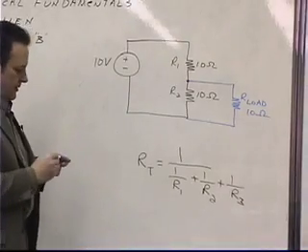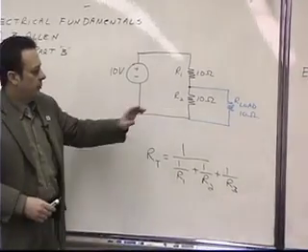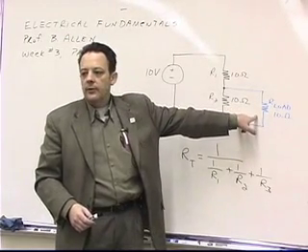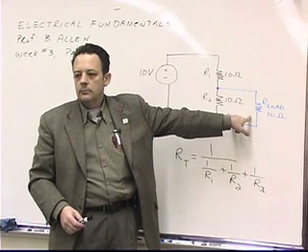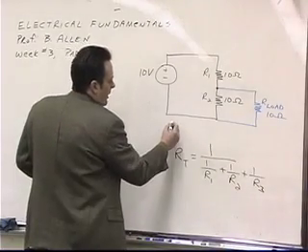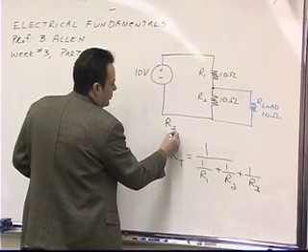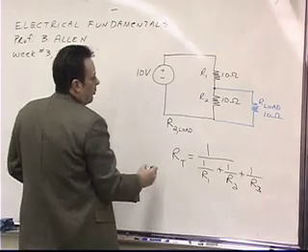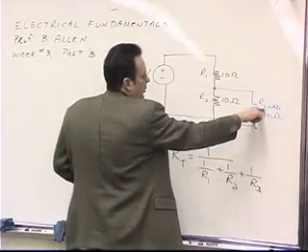Now, the first thing that we're going to do is calculate the equivalent resistance of these 2 resistors in parallel. To do that, I'm going to use the nomenclature R2, load. Why am I doing that? Because I'm combining resistor 2 and the load resistor.